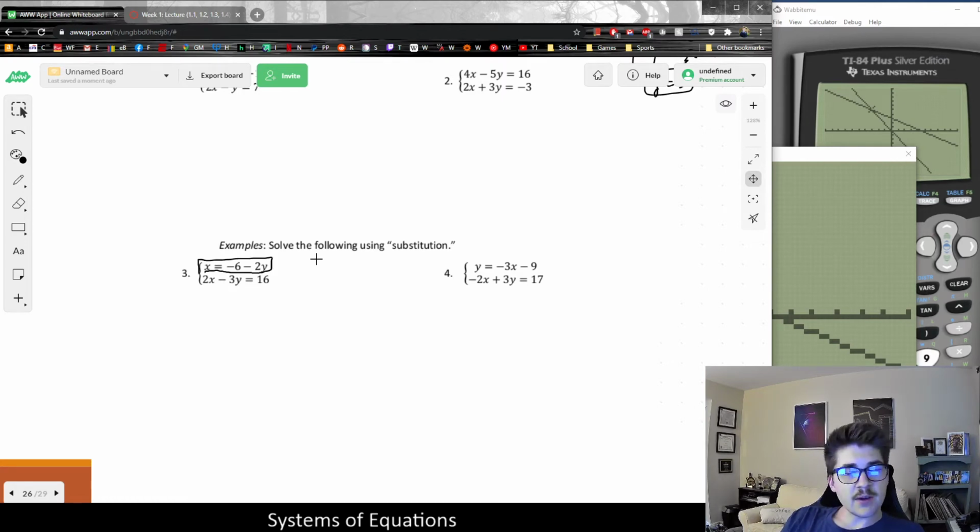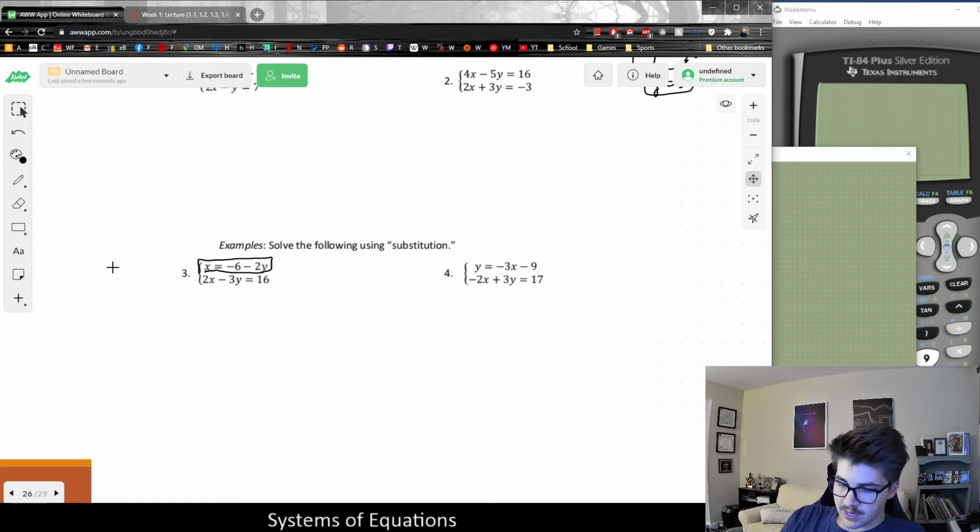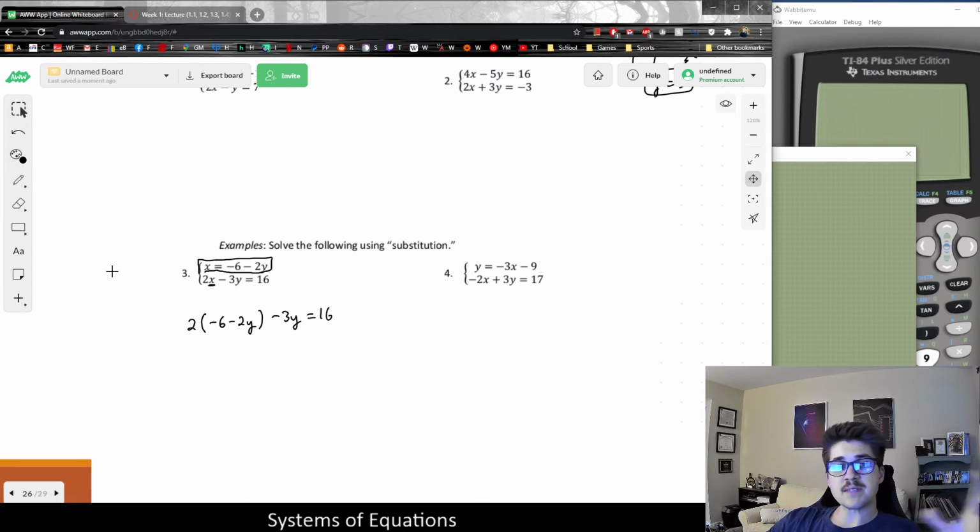And then in the second equation, I have 2x minus 3y is equal to 16. Well, this first equation is telling me that x is equal to all this stuff based on y. And what I can do is take that x and replace it with what x is equal to.